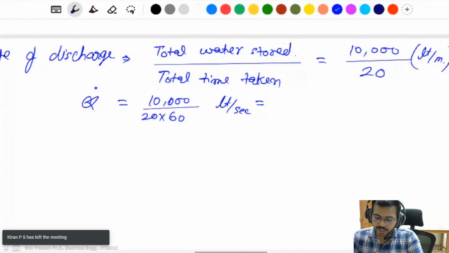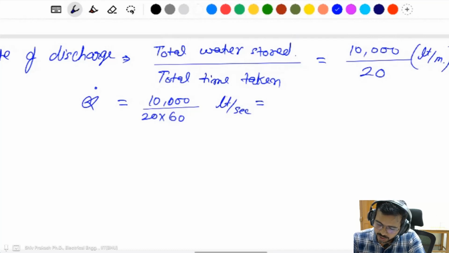If we calculate the same thing in meters, then 10,000 liters is equal to 10 meter cube. So this will be 10 divided by 20 into 60, in meter cube per second discharge of water.